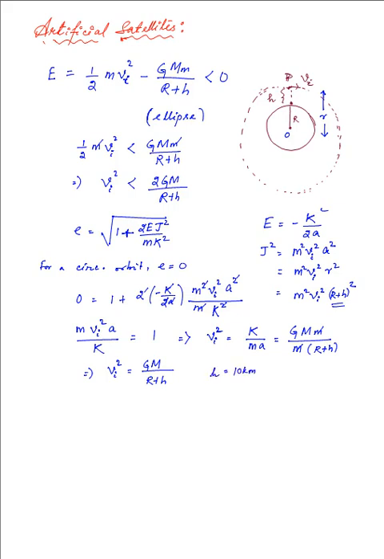We have the insertion speed nearly equal to 8 kilometers per second, and this was the speed that was achieved by Sputnik 1, which was launched by Russia, and it achieved that speed after completing the 3 stages of propulsion.